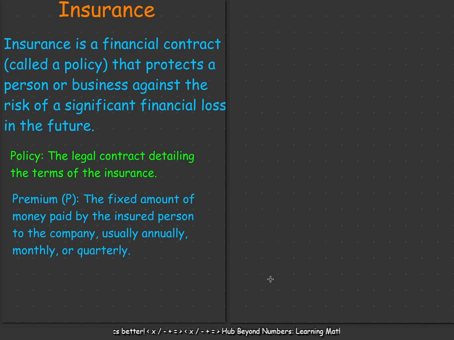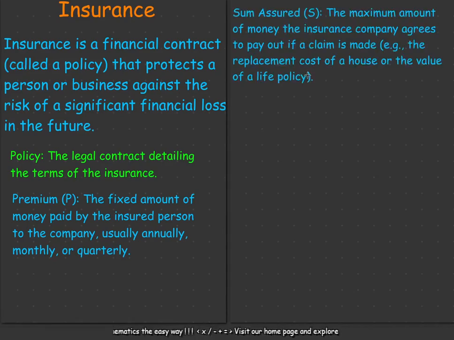So maybe the asset or the individual that has been insured has gone through a loss or an accident. The maximum amount you can take is what we term the sum assured, and its symbol is S, as you see on your screen over here.